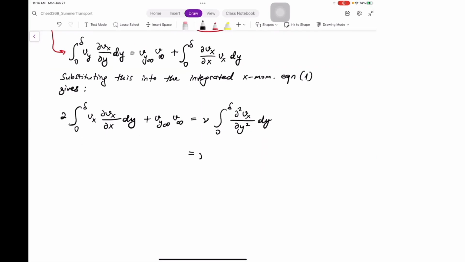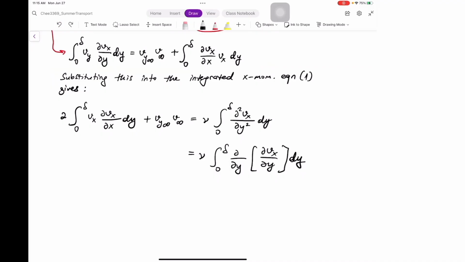I mean, a little bit. Nu, take the integral. That's basically a double derivative, meaning that if you take the integral, you just find the first derivative. Or in other words, it's like integral 0 to delta del over del y in parentheses del Vx over del y dy. So you have this del over del y and dy here.